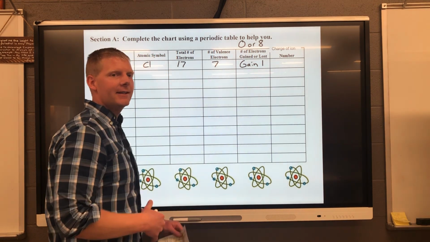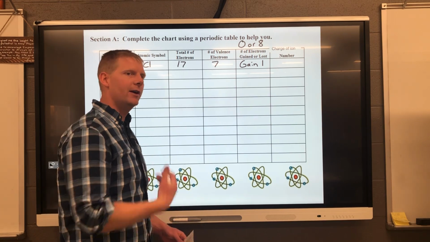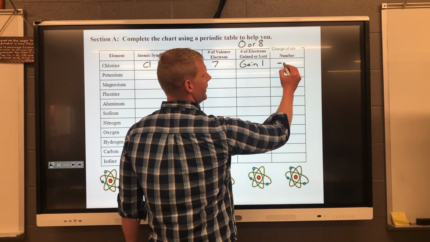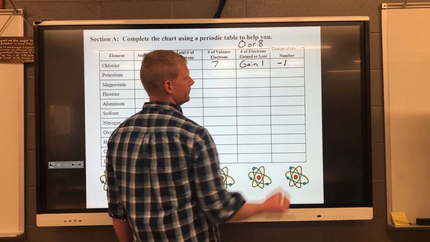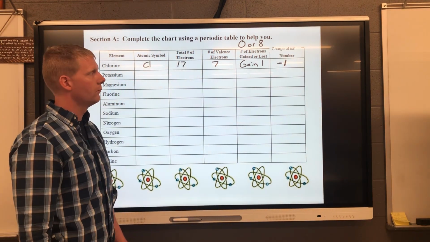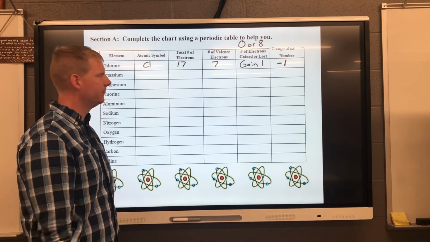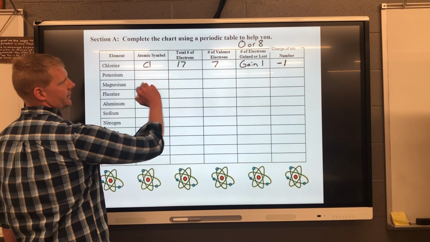Now if it gains an additional electron, we know electrons are negatively charged, so the charge of the ion is going to be -1. So that's what we're really looking for. What ion is this going to form? And this is the steps to get there.